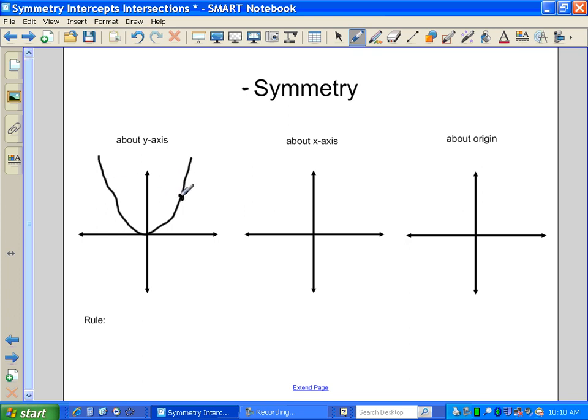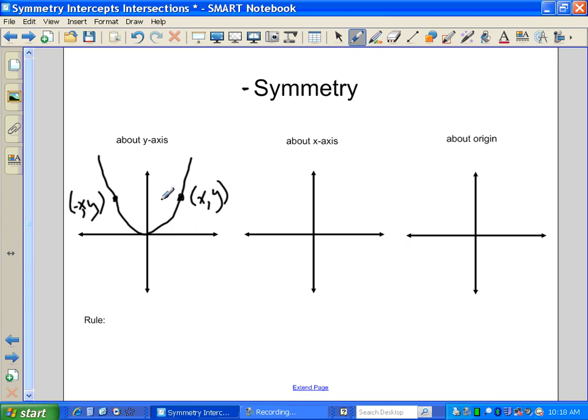So what that means in terms of us is that if I've got the point x comma y here, I can fold that over and it would be reflected exactly right there. So the coordinates of this other point are going to have the same y coordinate, but the x coordinate is going to be opposite, negative x.